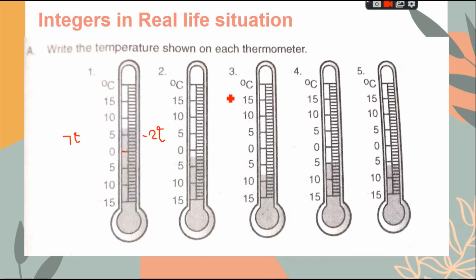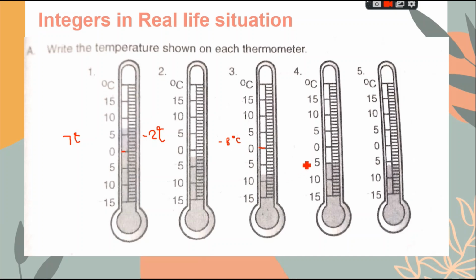Now let's start with the number 3 question. Here is our mark point, and this one is negative. Since we are below 0, this is negative 8 degrees Celsius.